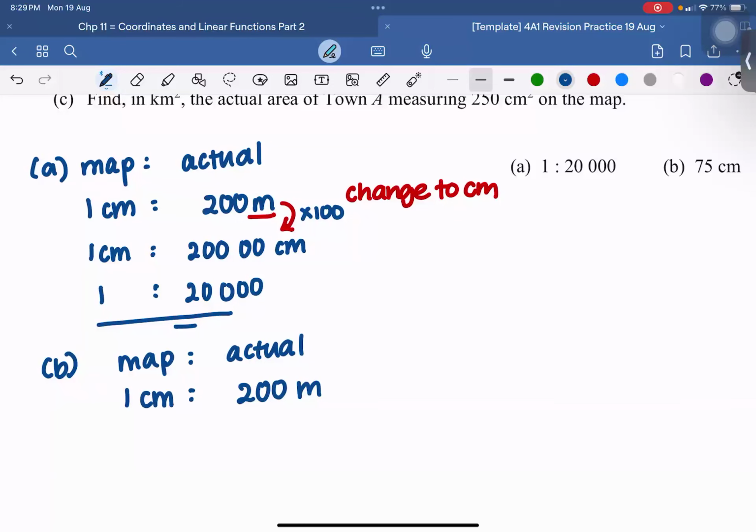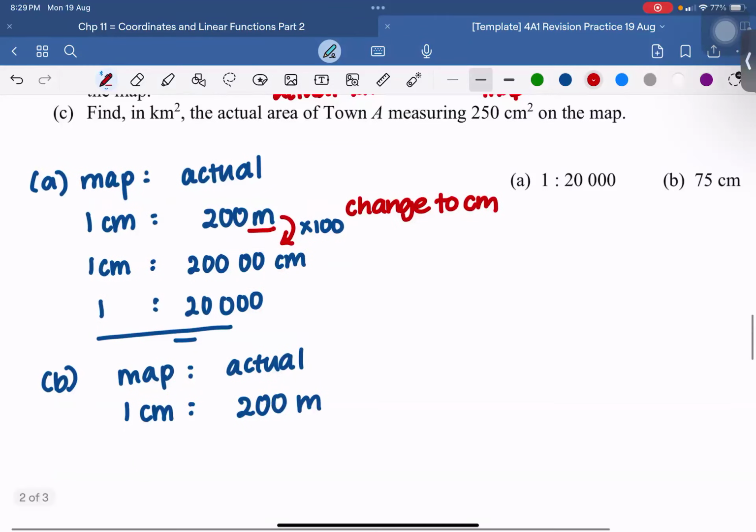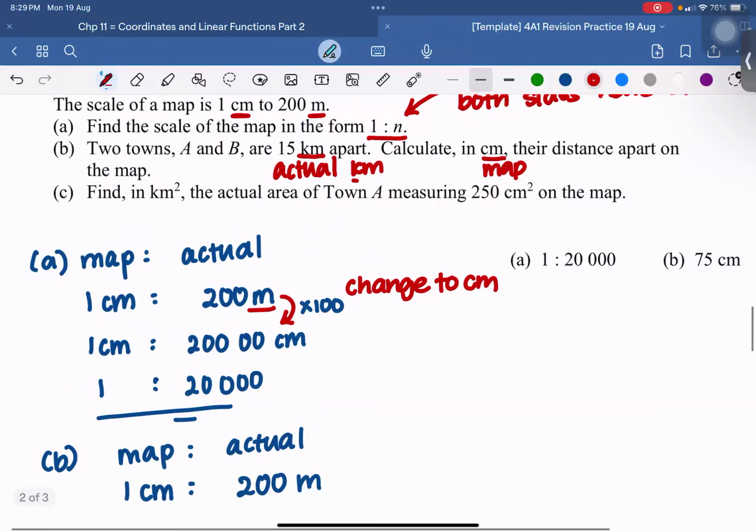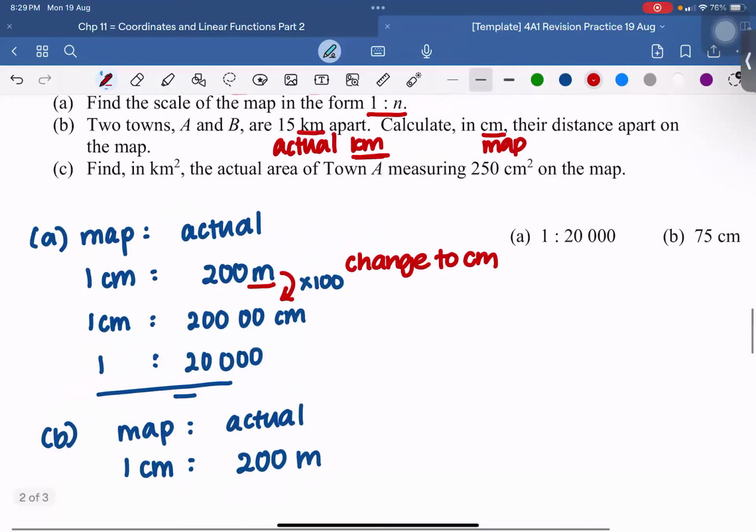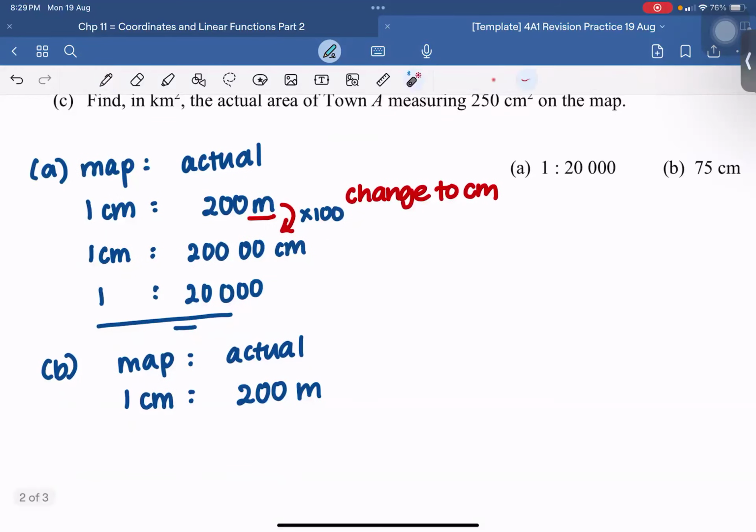So my question now is, I need to create a new ratio and change the units on the actual to kilometer. So under actual, my units over here need to change to kilometer. Correct. 1 kilometer is 1,000 meters. So we divide by 1,000.